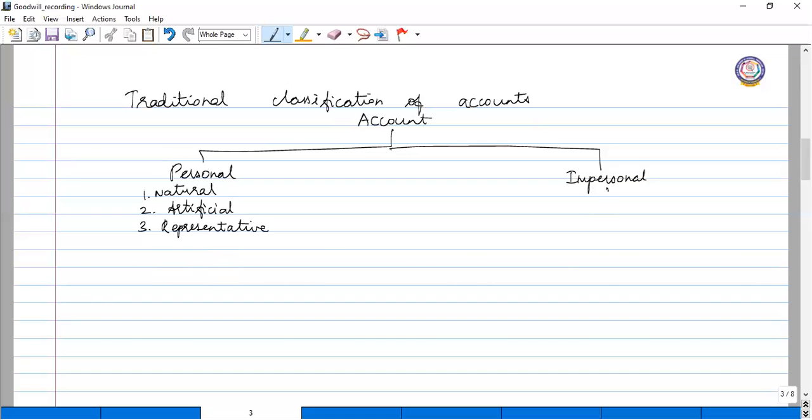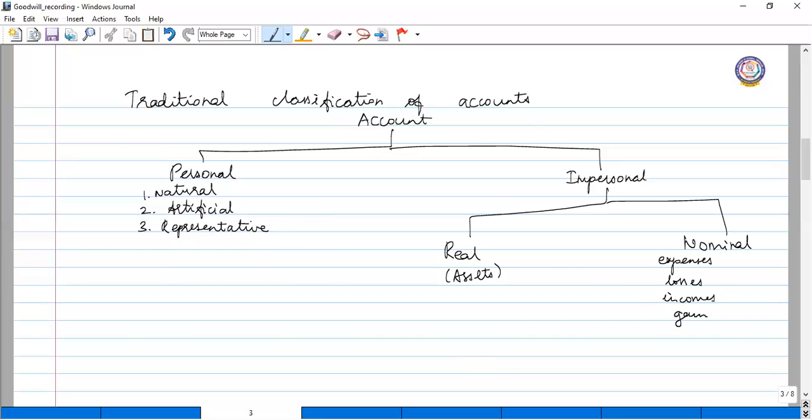The impersonal account is further classified into two: real account and nominal account. All assets of the organization will be brought under the real account, and expenses, losses, incomes and gains will be brought under the nominal account.